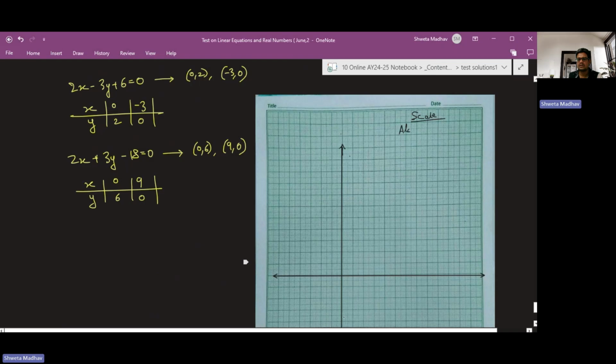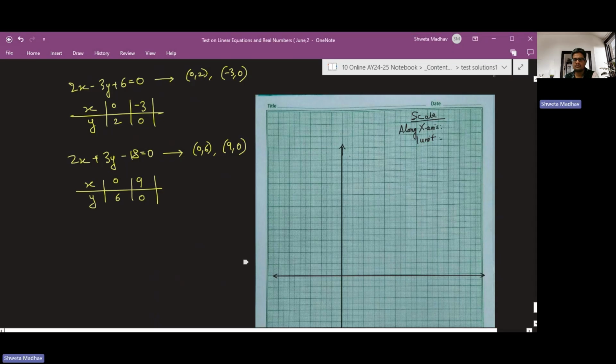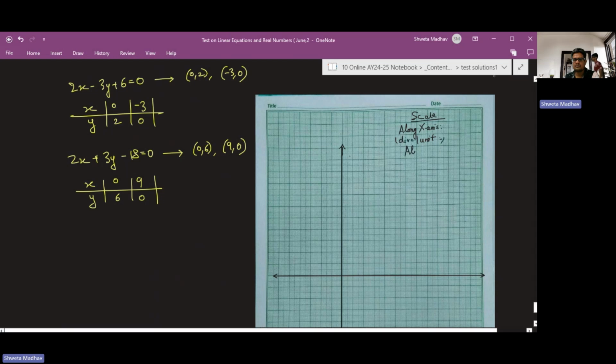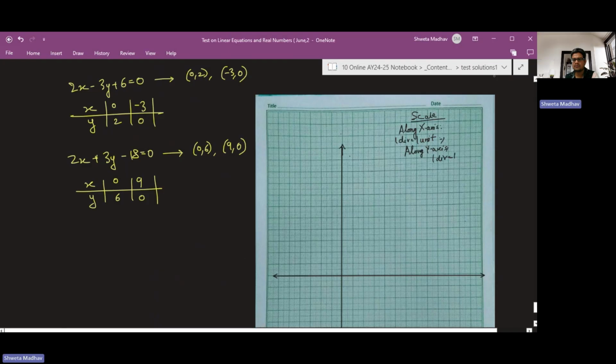Along the x-axis, one division equals 1 unit, and along the y-axis, one division equals 1 unit.